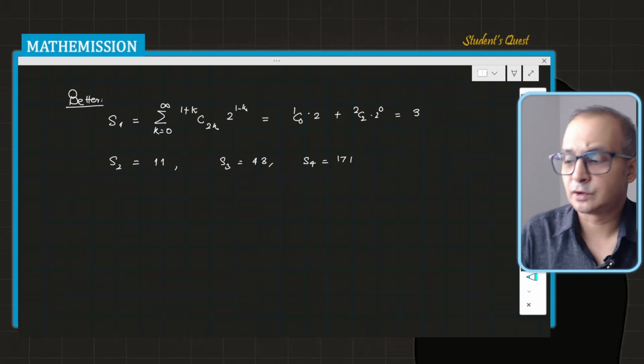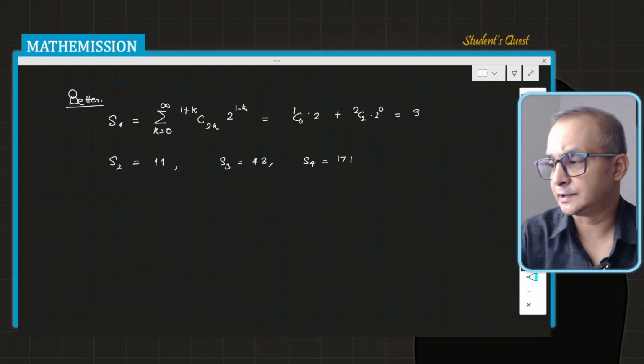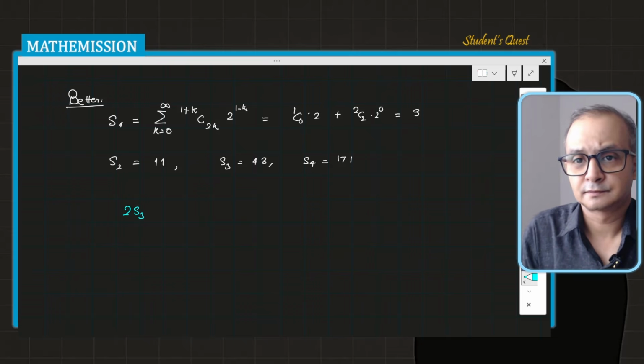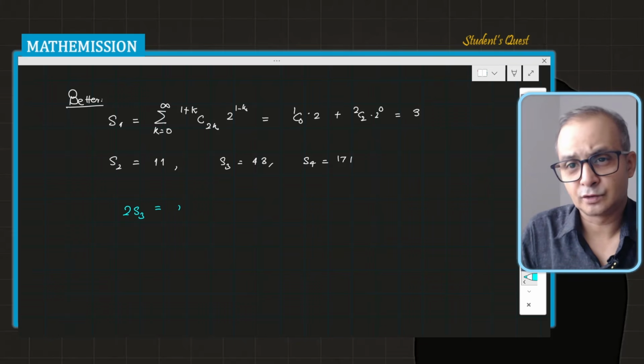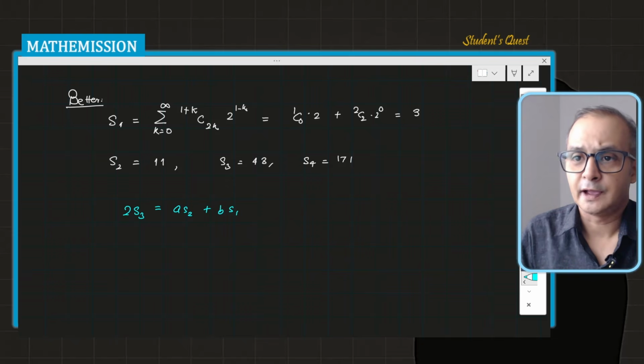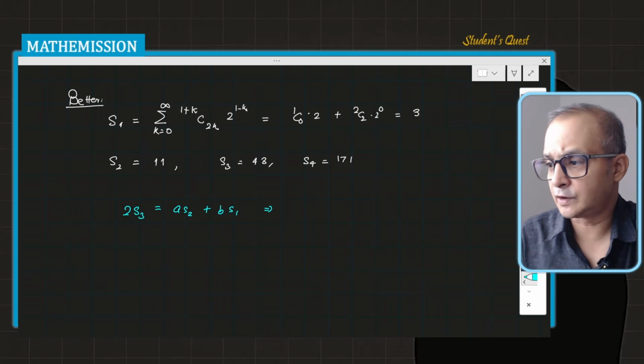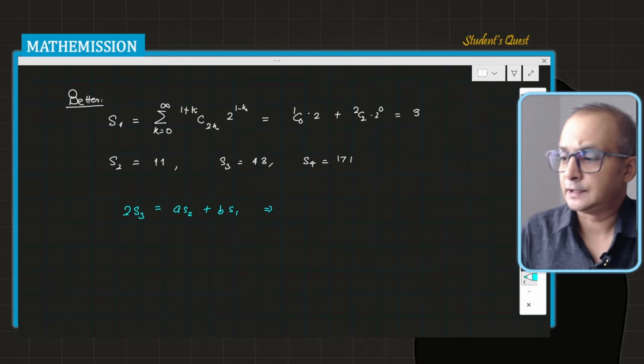So that is better. The setup will be like this. We write 2S3 is equal to aS2 plus bS1, and from there 2S2, this will give you 43 into 2, 86.